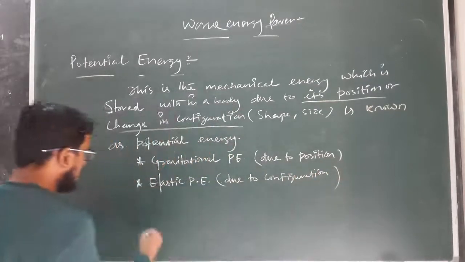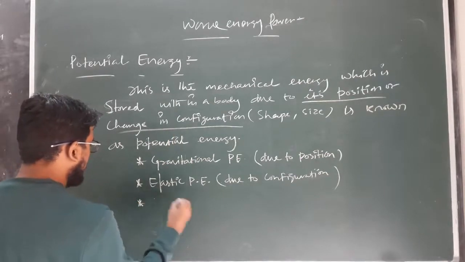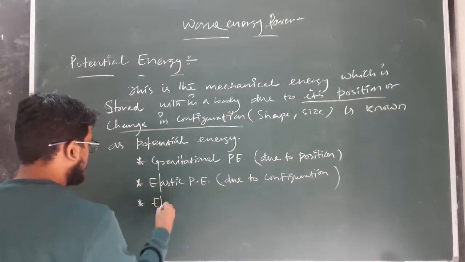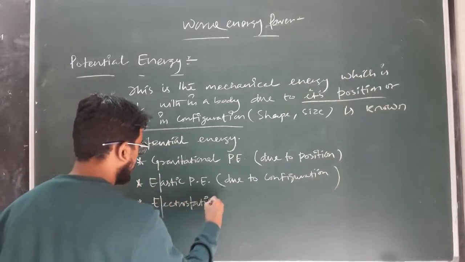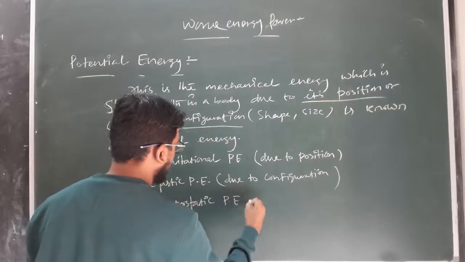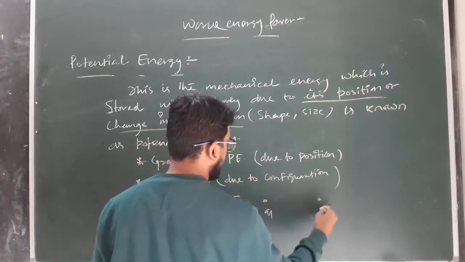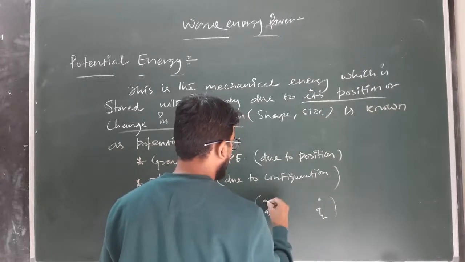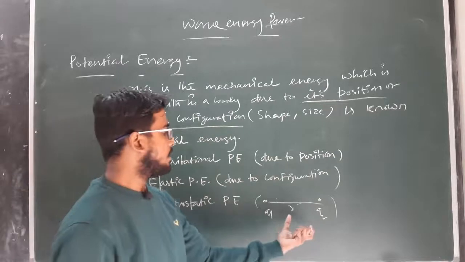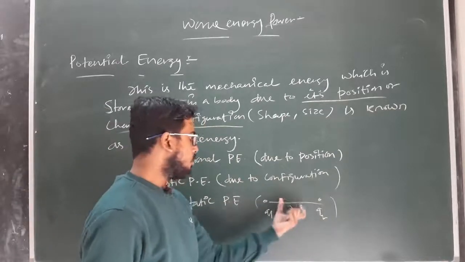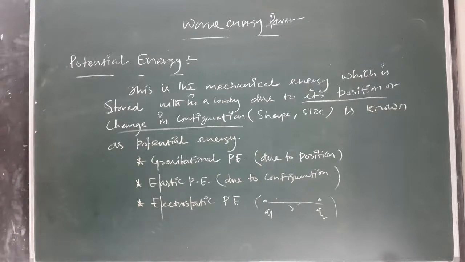And there is another type of potential energy which you will study in your second year class, that is electrostatic potential energy. That is the energy stored within a system of charges. If there are two charges Q1 and Q2 placed at a separation of r, then the energy required to make this system will be stored within this system as its potential energy, that is known as electrical potential energy.